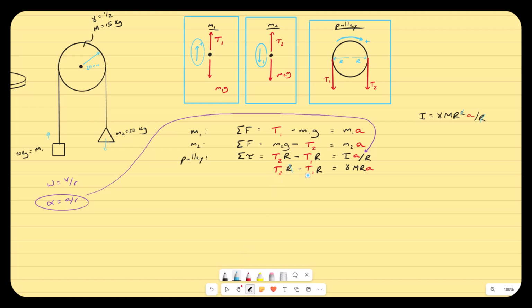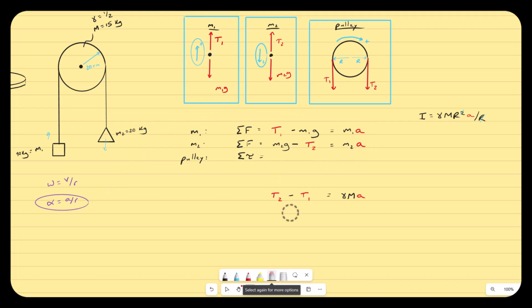I have an r in every term, so I can get rid of those, and this equation can become T2 minus T1 equals gamma m a. So I'm going to get rid of the other versions of this equation and move this one up here, the already simplified version. And now I have 3 equations with 3 unknowns.